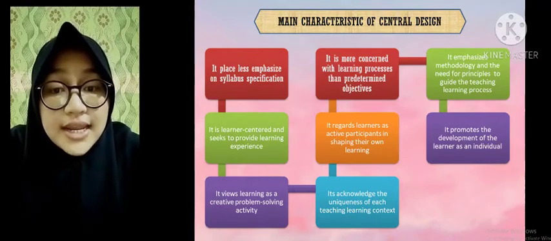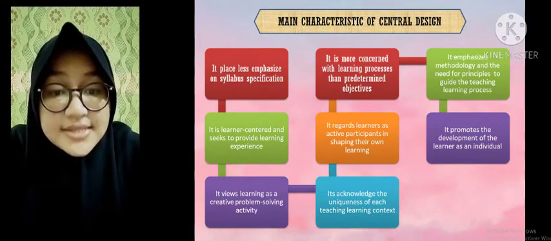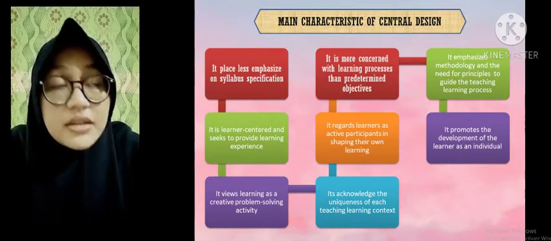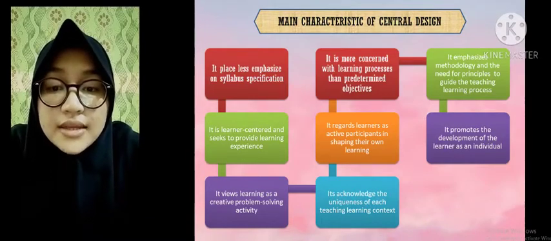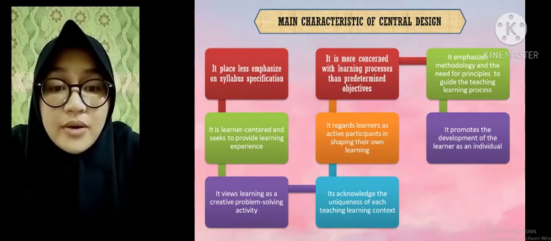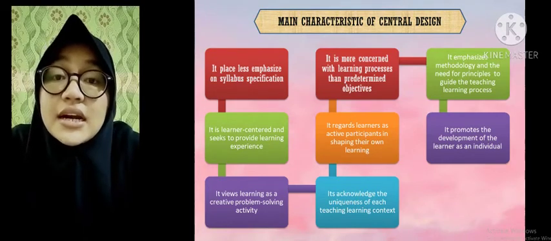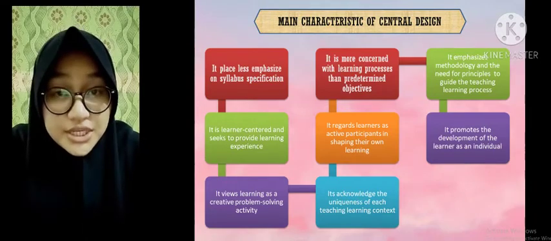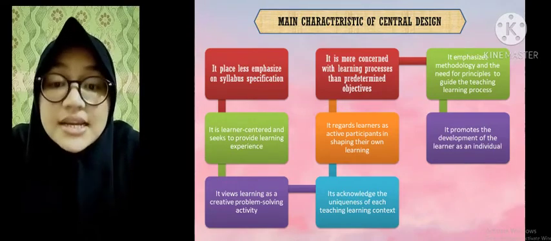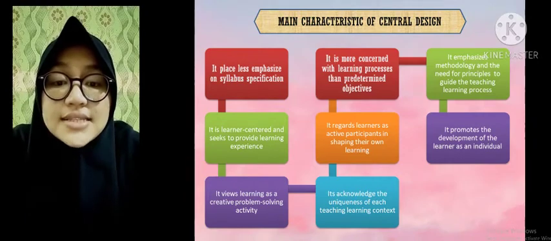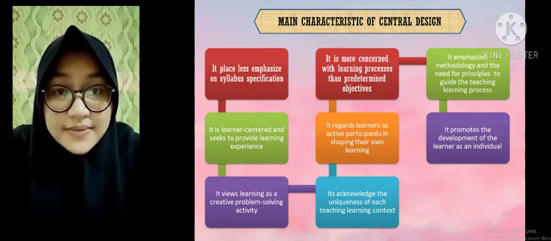Next, view the learning process as an activity to complete learning, and show that each learning approach has its own character or characteristic in accordance with the learning condition. And the last but not least, require the teacher as a class curriculum creator.